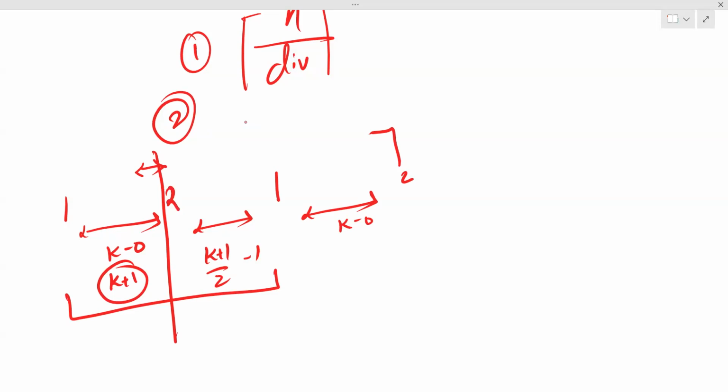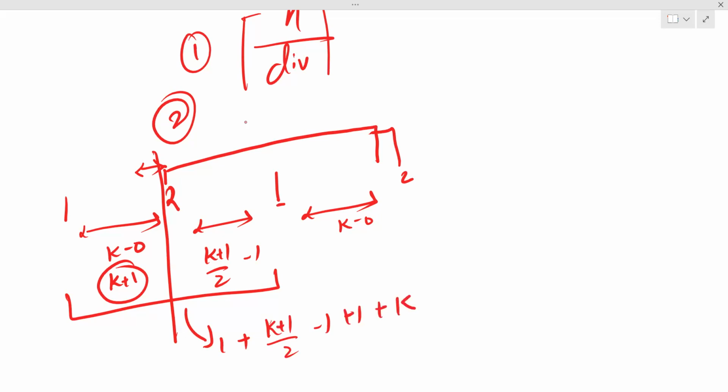Again, if I make a block of this thing, what is its size? It is 1 plus (k plus 1)/2 minus 1, then there is this 1, so plus 1, and then again k zeros, so plus k. So again it is nothing but k plus 1 plus (k plus 1)/2, which is the same as the earlier div value.